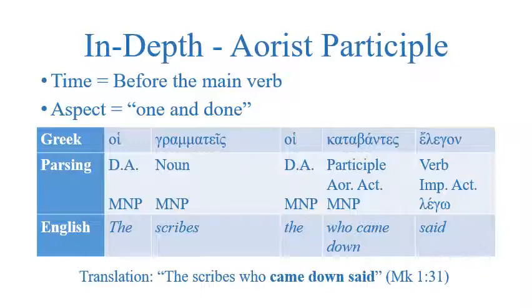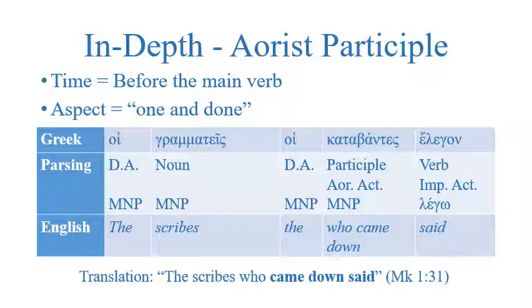And finally, we have our verb, elegon. This is the aorist from our verb lego that we saw in the last slide in the present. And so instead of meaning says, here it means said. And because our main verb, elegon, is in a past tense, our participle happens before it in the past.